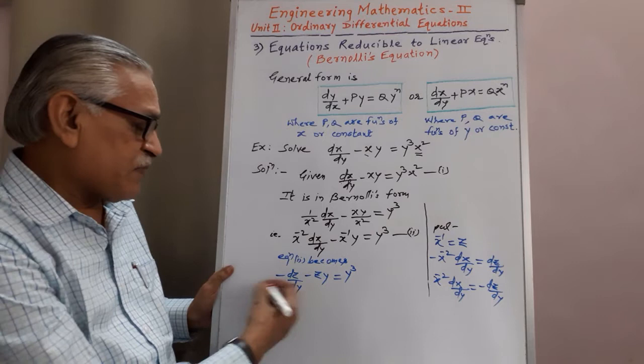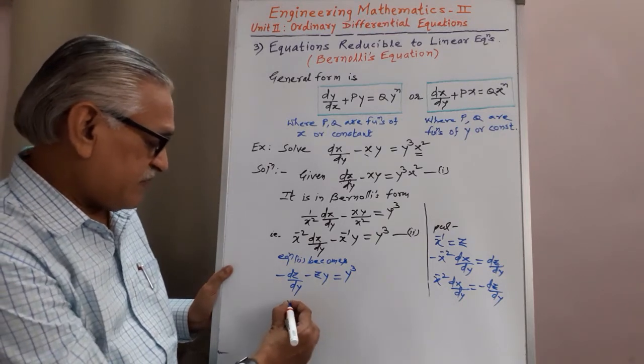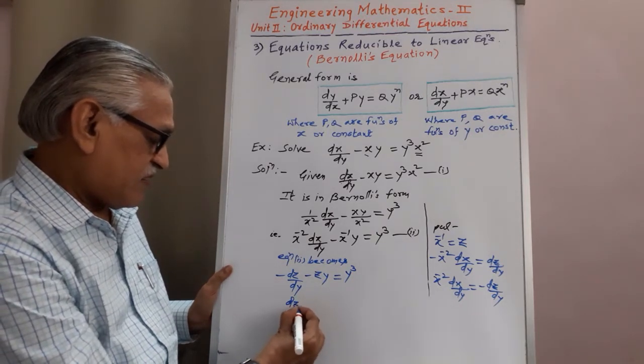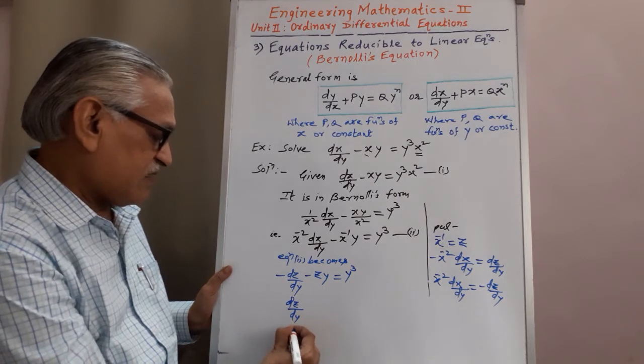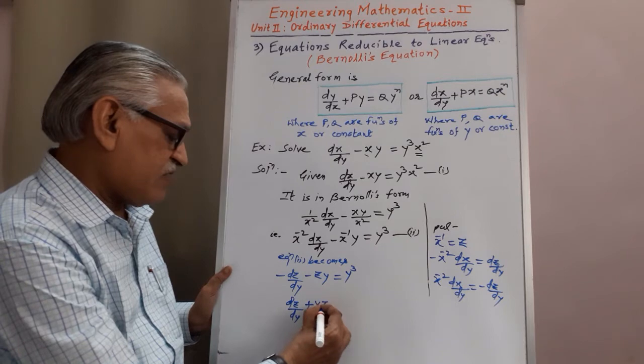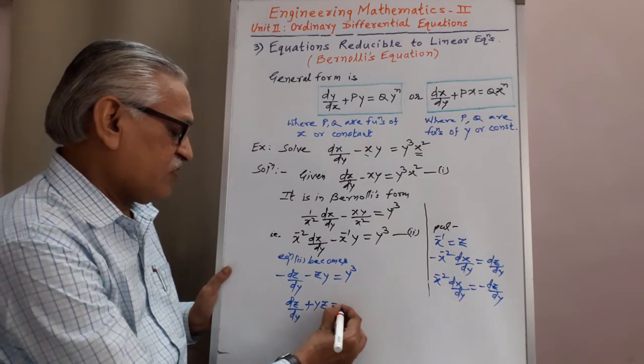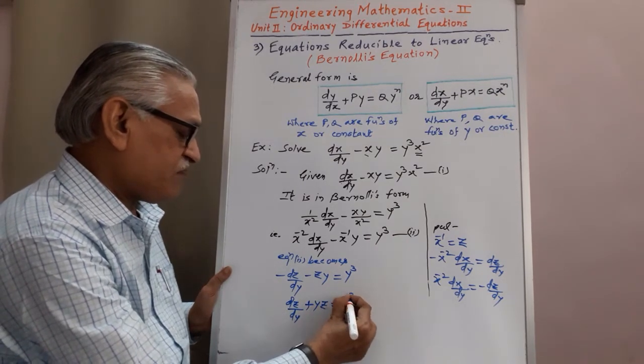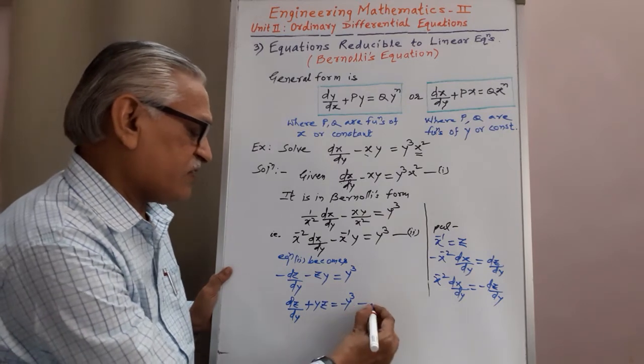Then multiplying by the minus sign, we get dz by dy plus y into z is equal to minus y cube. We call this equation number 3.